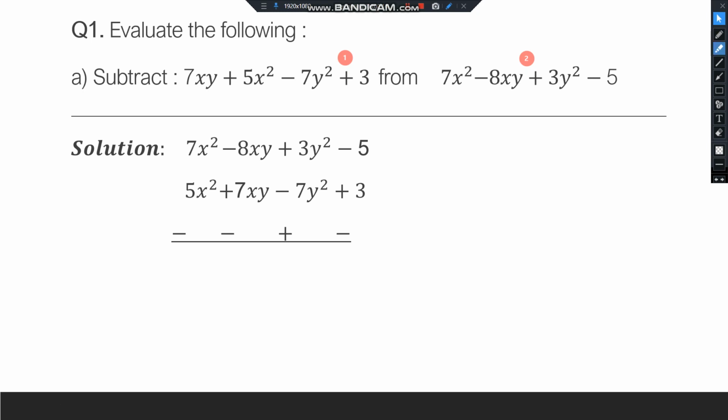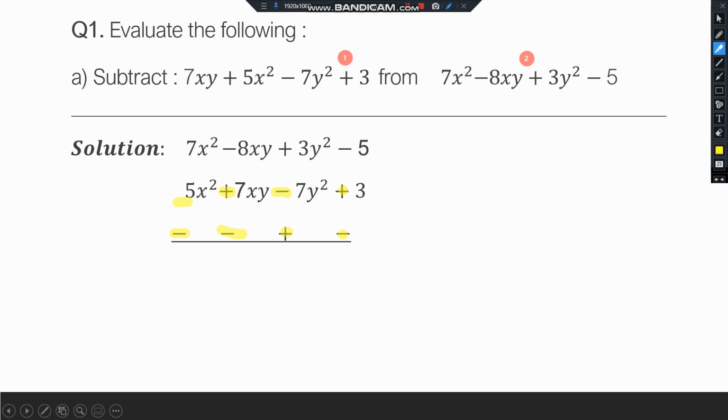And you know, in the column method, the sign gets changed. So what is the sign here? The sign here is plus, so it becomes minus. The sign here is plus, it becomes minus. Minus becomes plus. That is how the signs are getting changed.